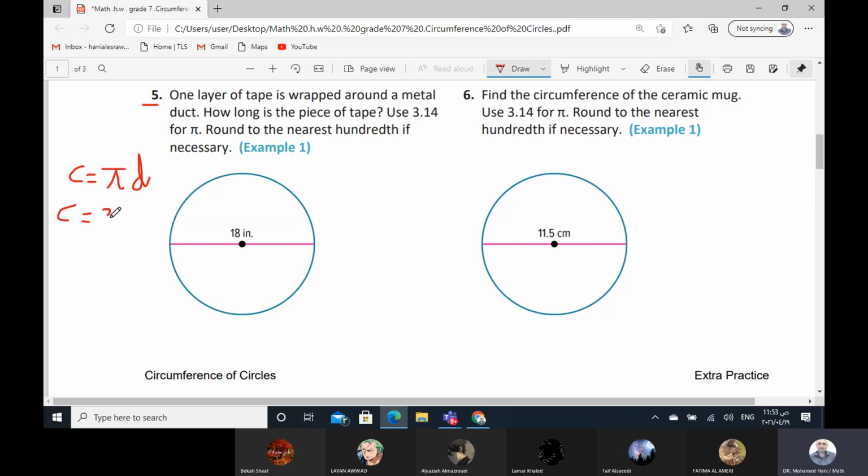So the pi will be 3.14 times diameter will be 18. So what is the product here? Mister, the answer will be 56.52 inches square. Great. 56.52 inch squared.